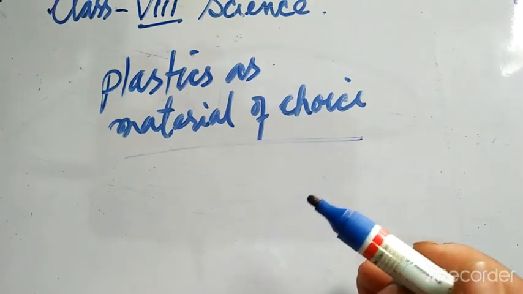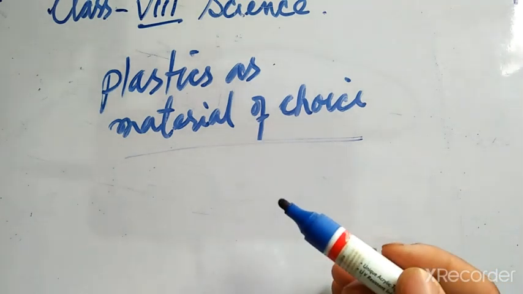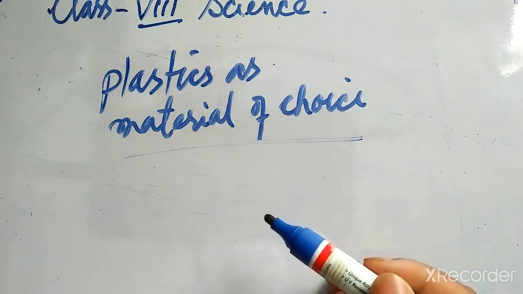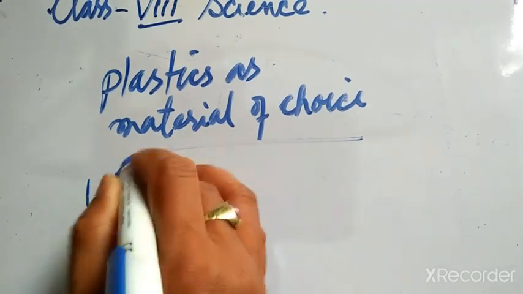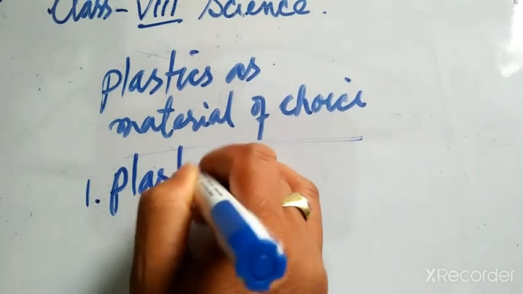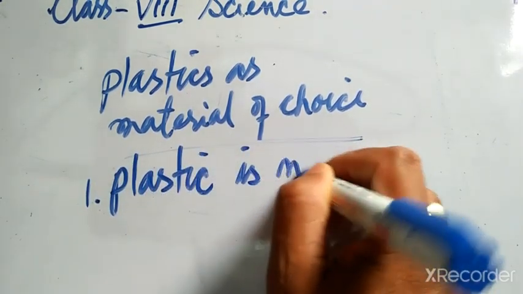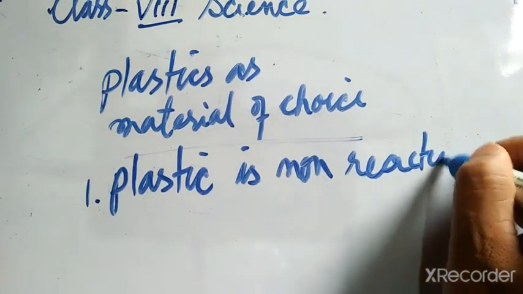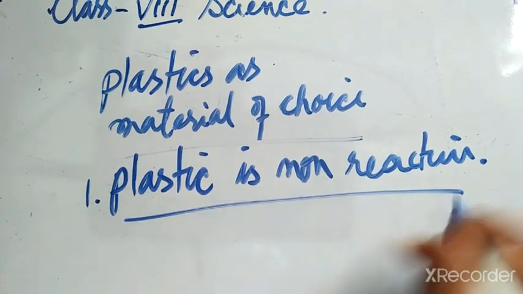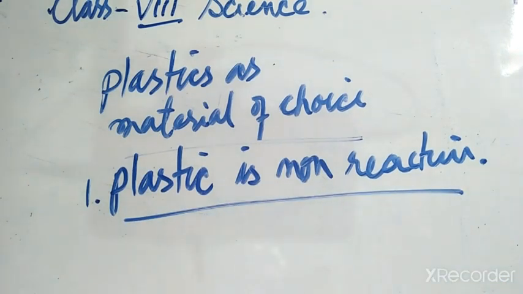So now let's discuss the characteristic properties of plastic. Number one, plastic is non-reactive.